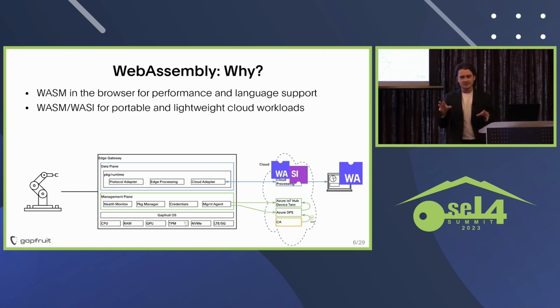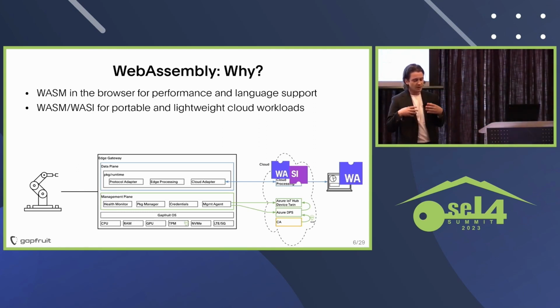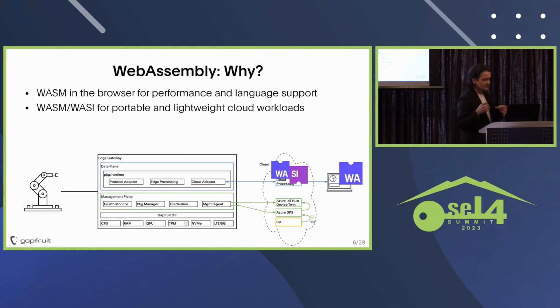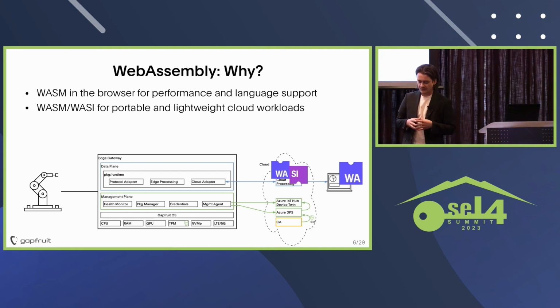This is where WASI comes into play. It follows a capability-based model where you have to specify explicitly what access an app receives to specific resources of the system. Now, a few months ago, Docker announced the support of WasmEdge for their tooling and ecosystem.